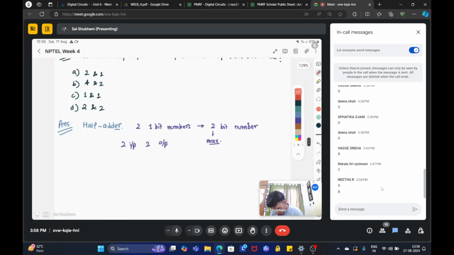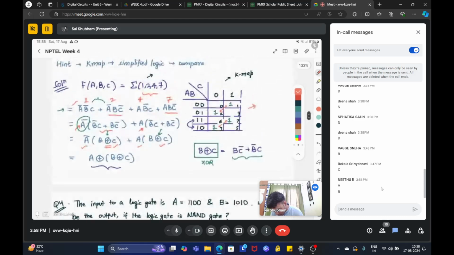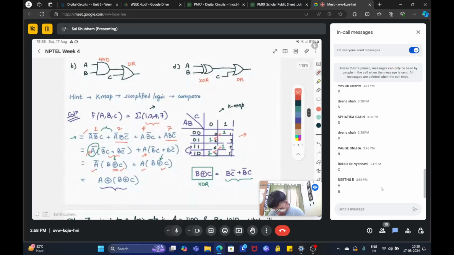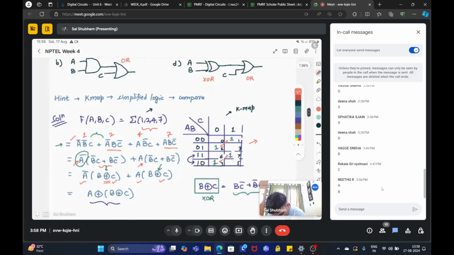Right now, we can get back to this question. Combinatorial circuit implementation for the following Boolean function. So in this, I think I made one mistake. The mistake being that the K-map was wrong, due to which this expression was wrong. So we will rewrite the expression.